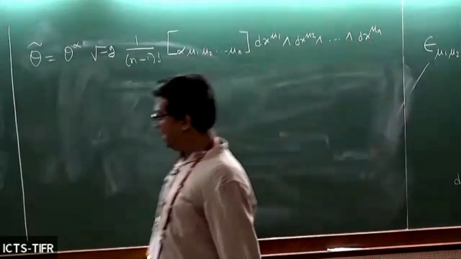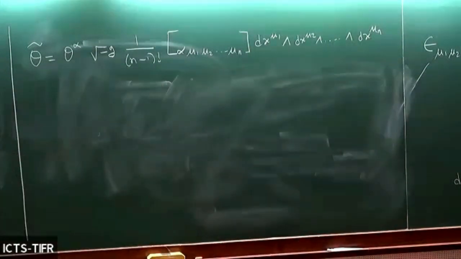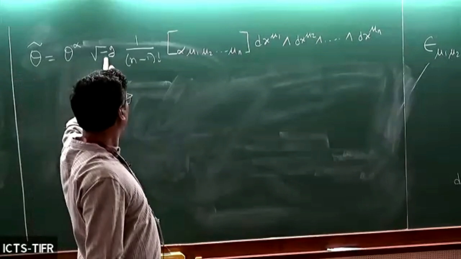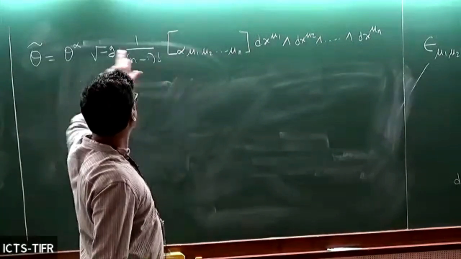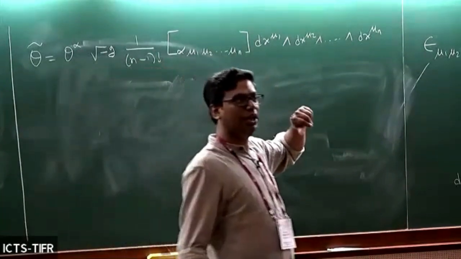My claim is that then this part will be equal to d of theta tilde. Okay. So we have to prove it. Note that this is exactly an n-1 form because this index is contracted out. Okay. Clear?